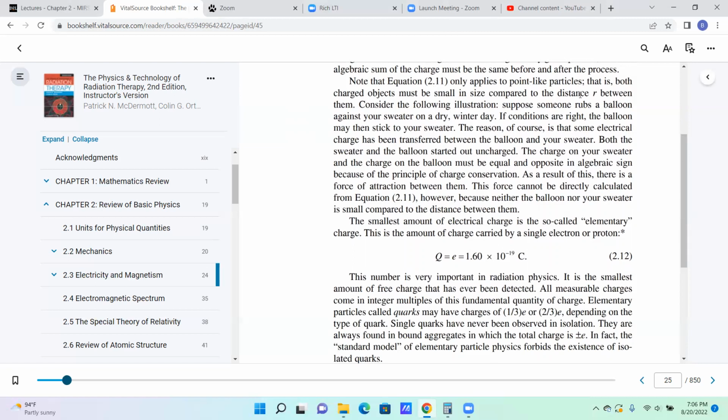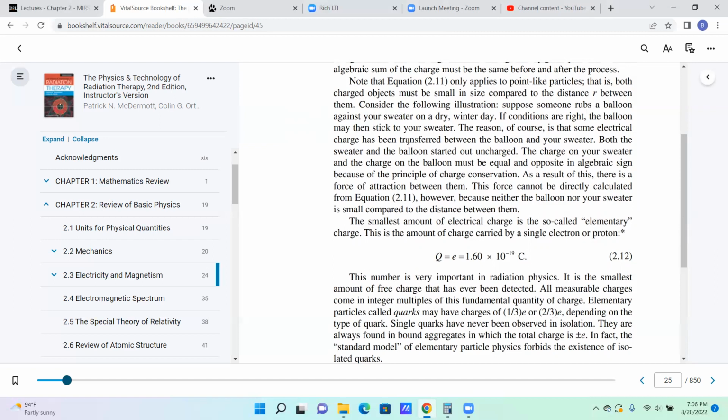The first equation here only applies to point-like particles. In other words, both charged objects must be small in size compared to the distance r between them. So let's say someone rubs a balloon against your sweater on a dry winter day. If conditions are right, the balloon may stick to the sweater. The reason, of course, is that some of the electrical charge has been transferred between the balloon and your sweater.